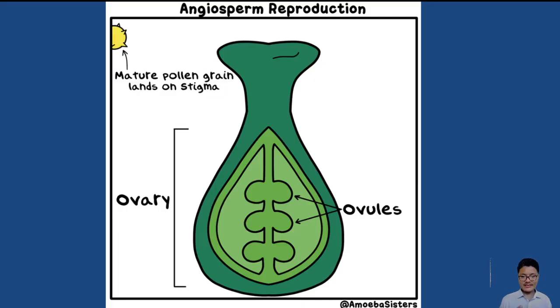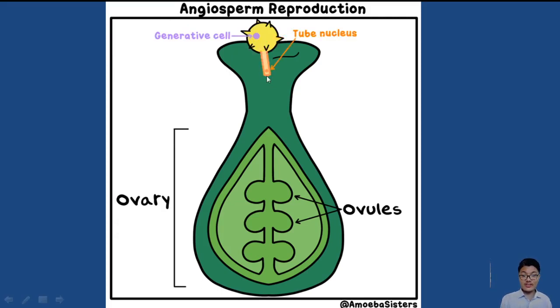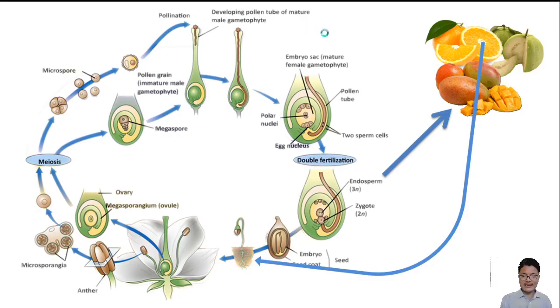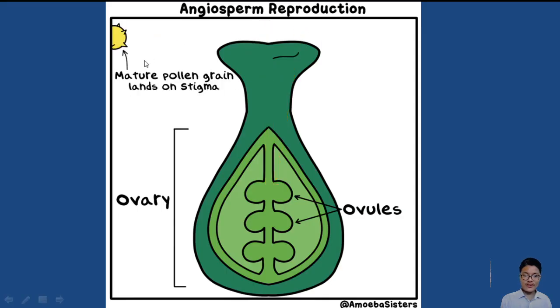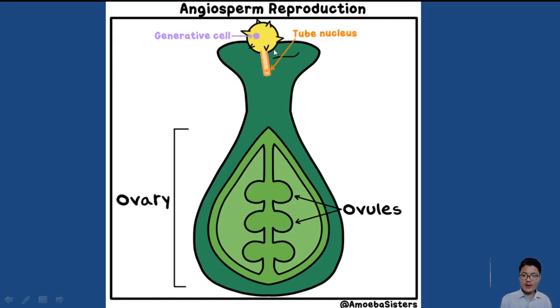Now this is an illustration which shows reproduction in flowering plants. Let's see it again. First the mature pollen grains land on the stigma and pollen tubes start growing, in which there is transfer of male gametes.